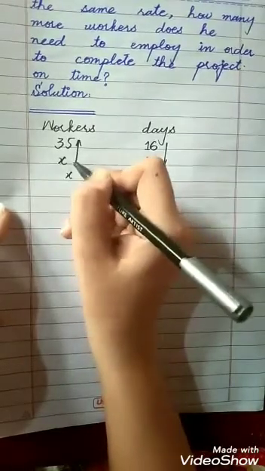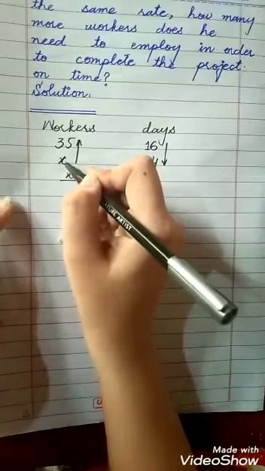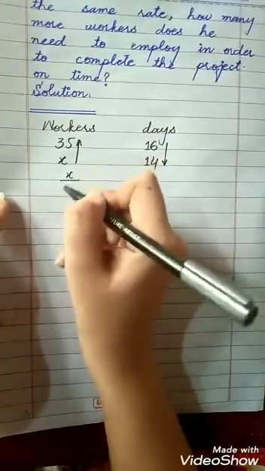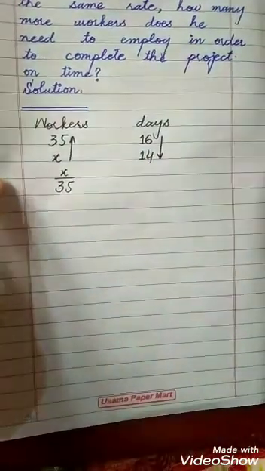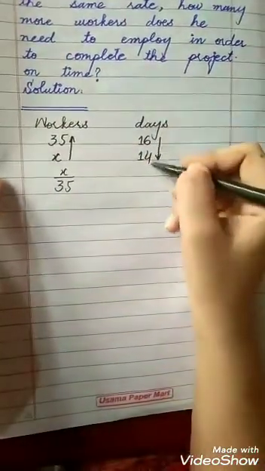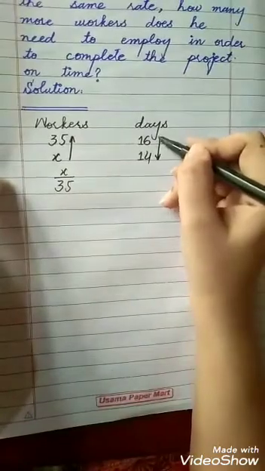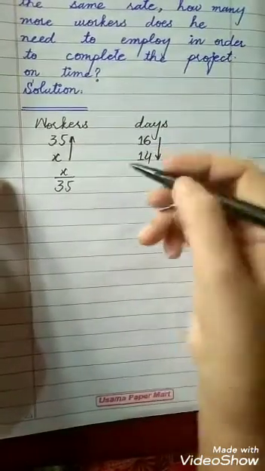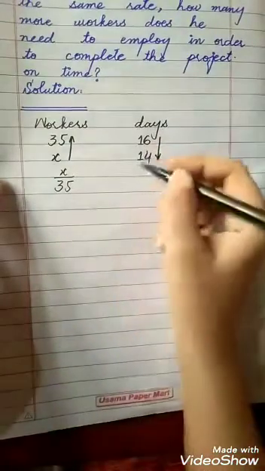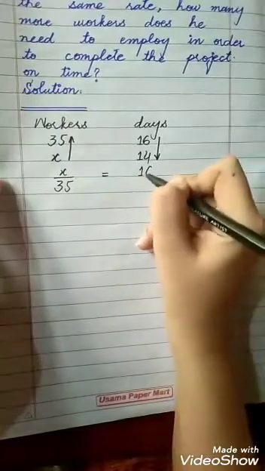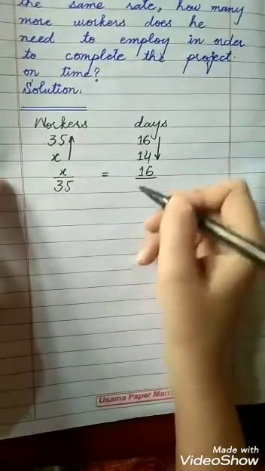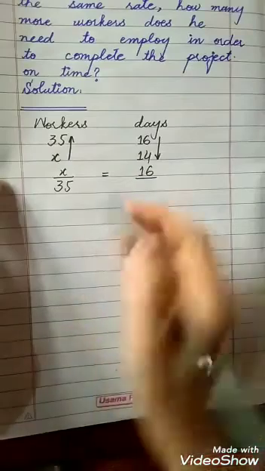The tail is on x, so x will be in the numerator over 35, meaning 35 will be in the denominator. This is the tail and this is the head. We have to start from the tail. Tail is equal to 16 divided by 14.